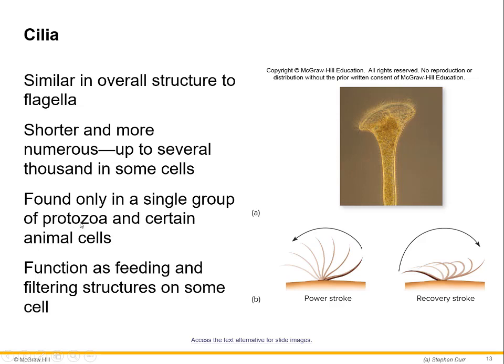So this is a very animal-like structure. You don't see it in algae. You don't see it in bacteria. It's just protozoa, and like I said, like our ciliated pseudostratified epithelial cells in humans and some animals, but just certain cell types. They function in feeding.